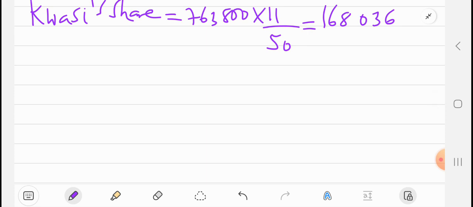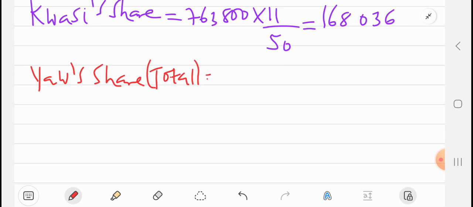Now there's something therefore for Yo's share. Yo's share, sort of the total, is 0.2 into 1 million plus 366,624.